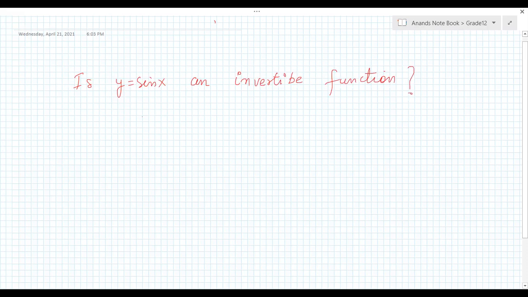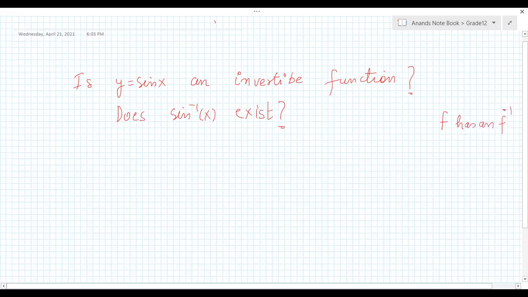Or in simple words, does sine inverse x exist? So if you want to check whether f has an f inverse, what should we check?